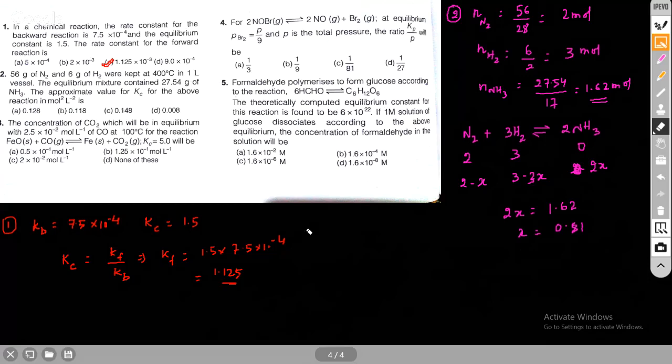X is nothing but 1.16. In this 1 liter vessel, the equilibrium mixture contains this gram of NH3, which means the moles of NH3 will be this. Can you check this value? What is 27.4 divided by 17? Is it correct? 1.62. You check once. The approximate value of Kc for the above reaction is this.